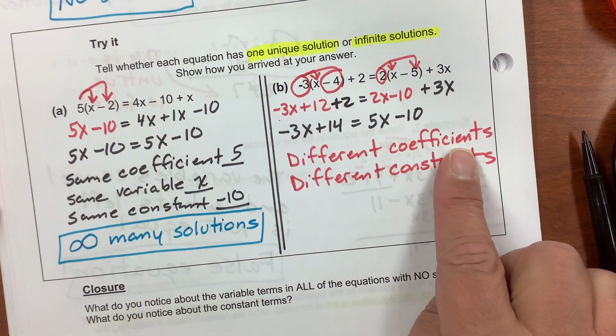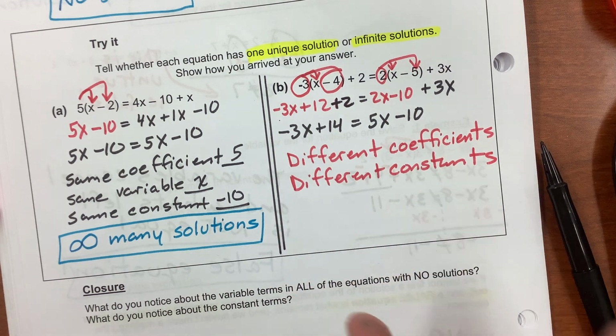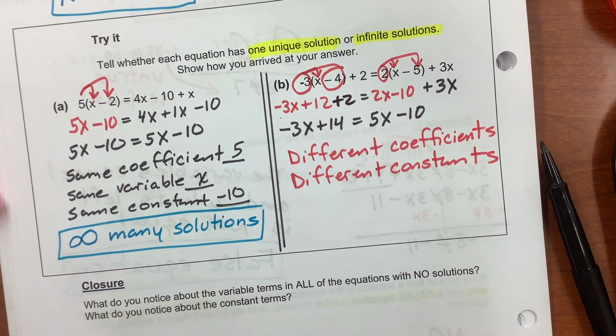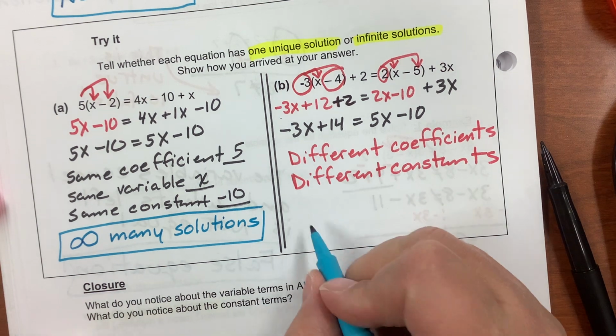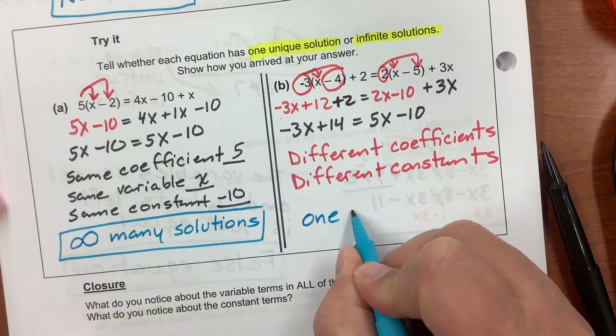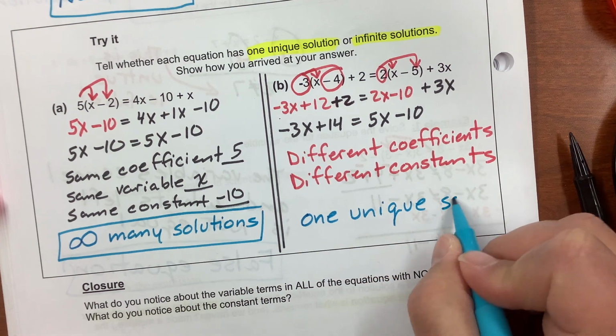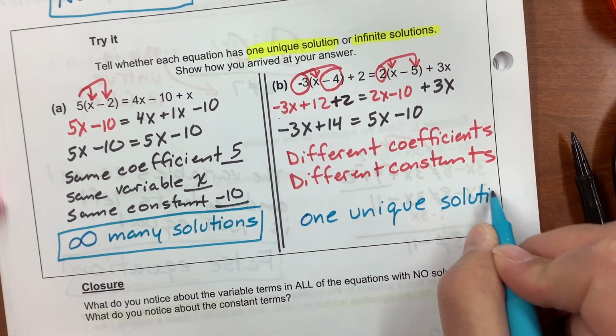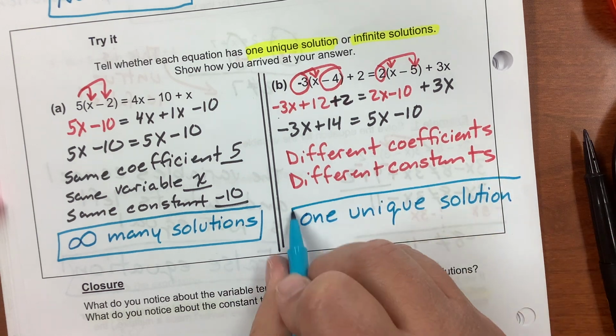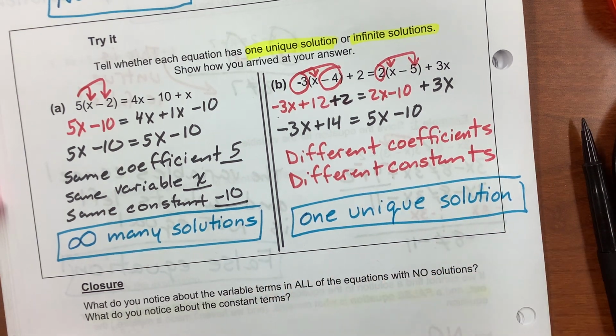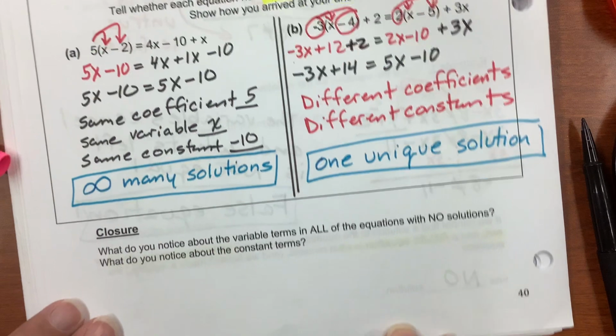Well, if it has a different coefficient and different constants, then that is one unique solution. So, I don't even have to solve that problem. I know, one unique solution.